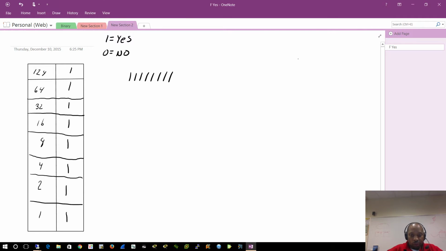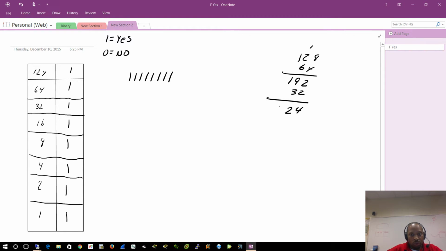Let's figure it out. So we got 128 plus 64. 8 and 4 is 12. Carry the 1. 6 and 2 is 8. Plus 1 is 9. Drop down the 1, 192. Let's add 32 to that. 9 and 3 is 12.